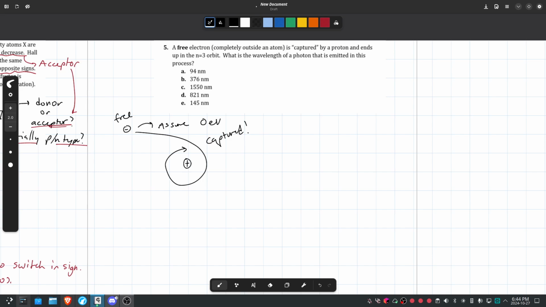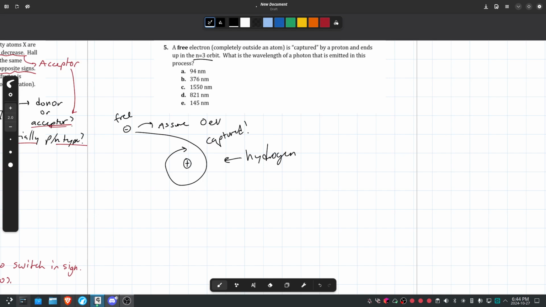What is a sole proton? This is a hydrogen. I hope you all remember chemistry. A single proton and a single electron make a hydrogen. So what is the wavelength of a photon that is emitted in this process?